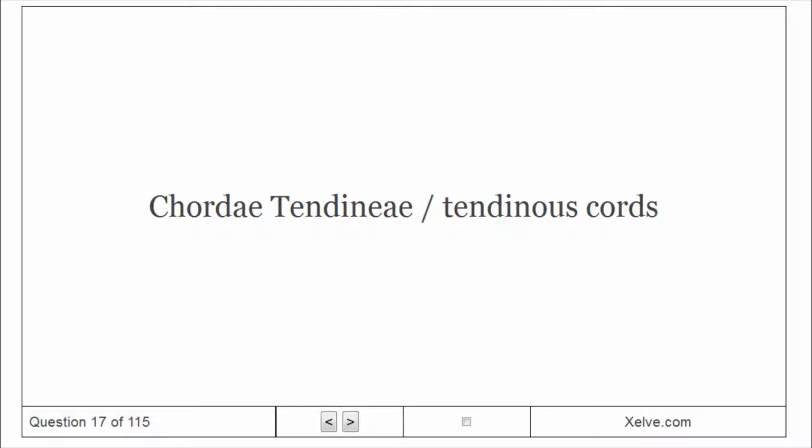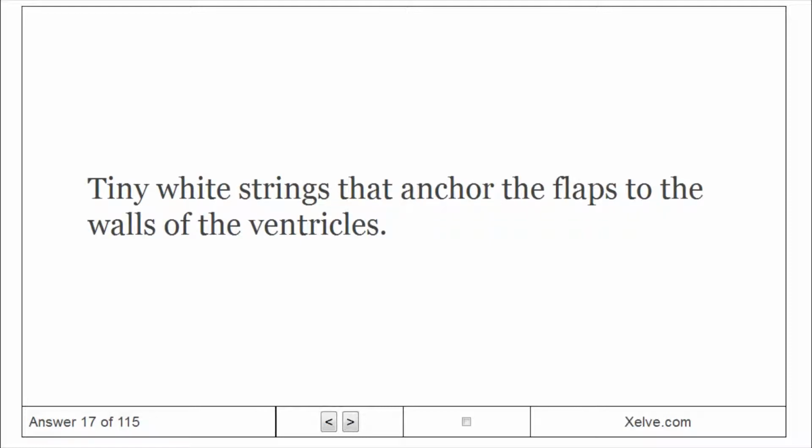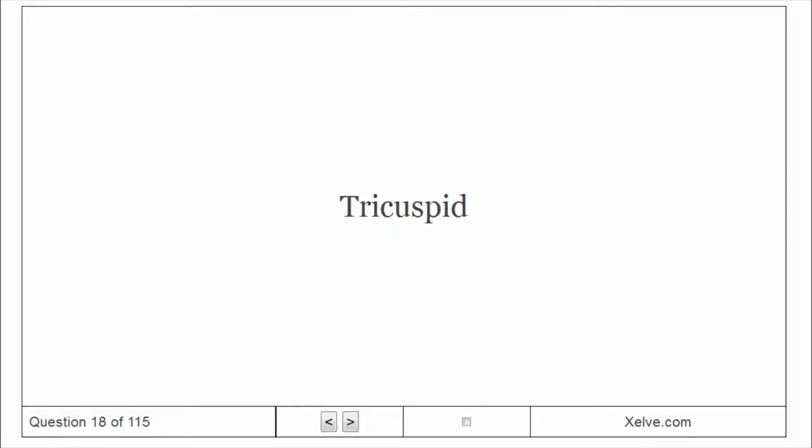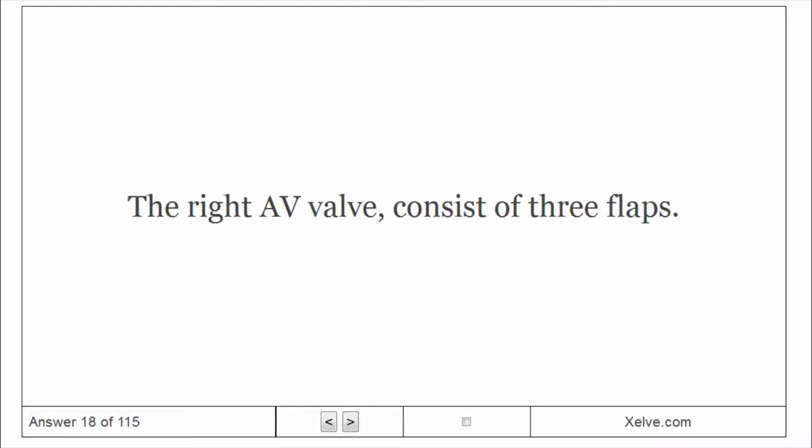Chordae tendineae, tendinous cords. Tiny white strings that anchor the flaps to the walls of the ventricles. Tricuspid. The right AV valve consists of three flaps.